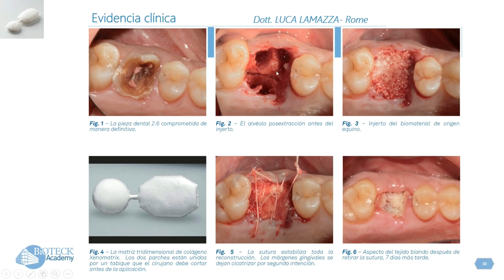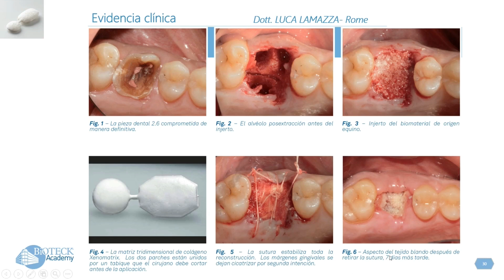This is another case from Luca Lamazza from Rome. Again, the same technique. From this molar there is the extraction, then there is the grafting with OX, and then the Xenomatrix covering the graft and stabilized with sutures that are just keeping the Xenomatrix stable without movements.